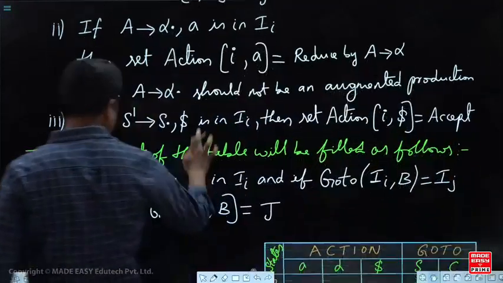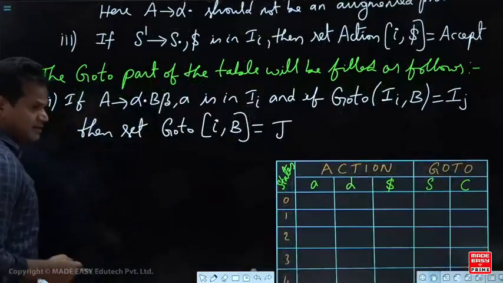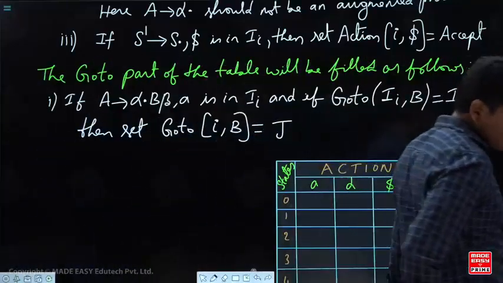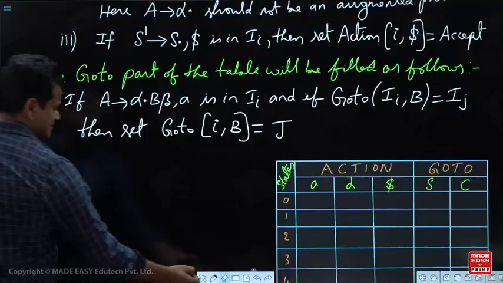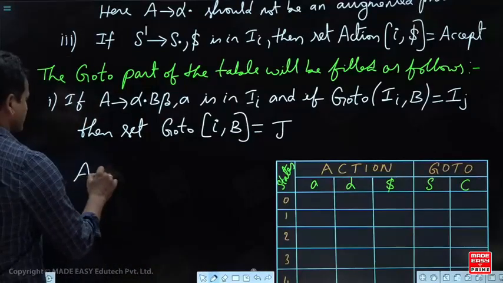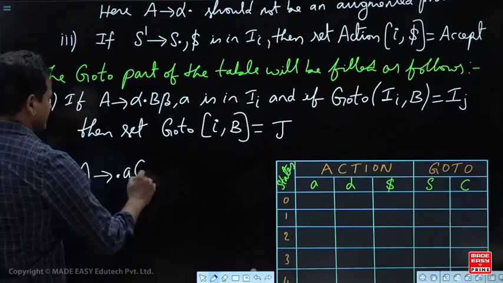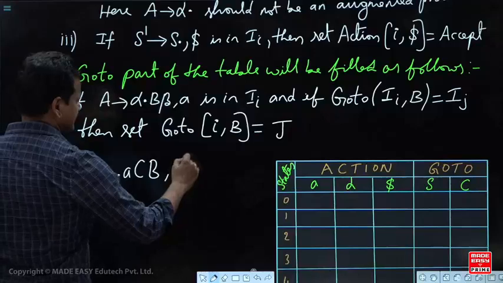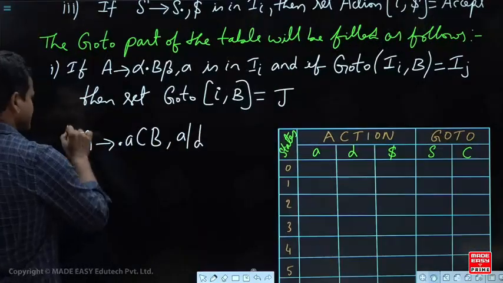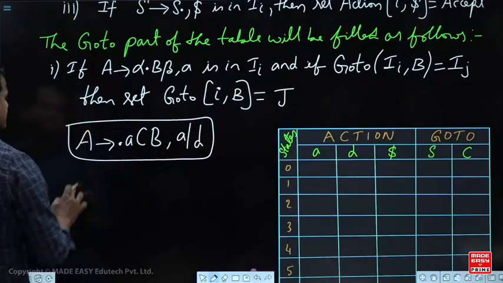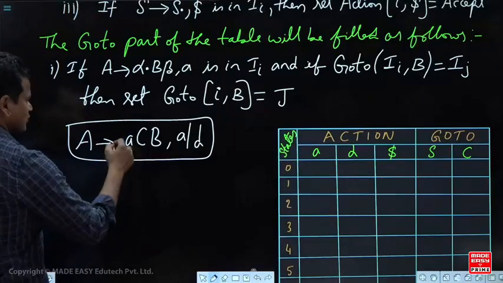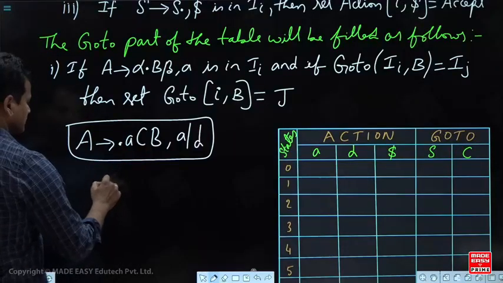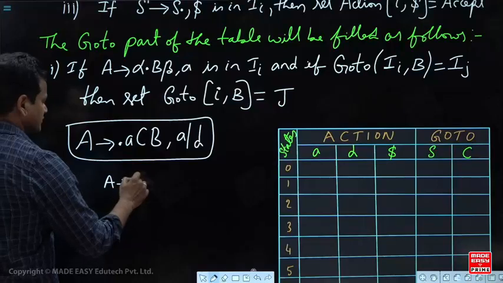Archie Girdhar, you are asking this. What is this? A derives dot ACB, comma a, D, suppose it is there in some state. Okay. When you write the go to, so what is the meaning of go to?